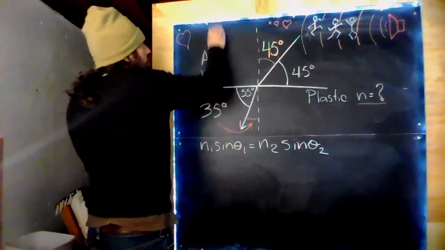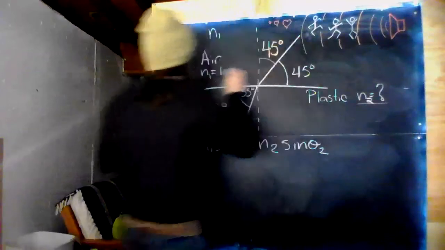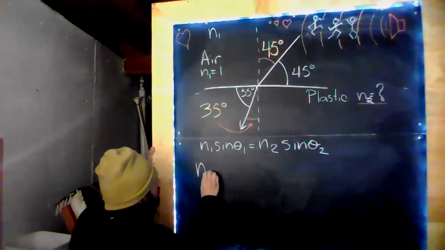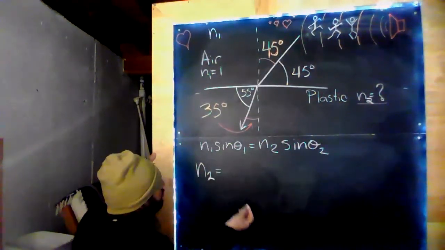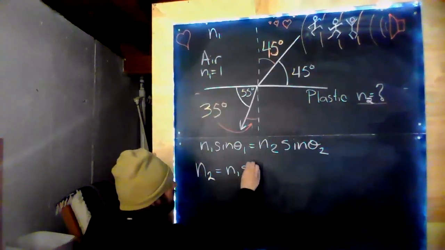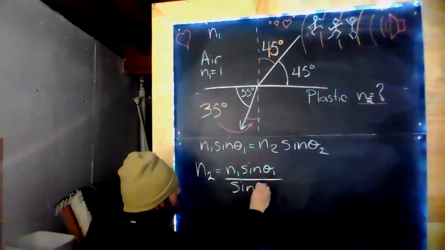We could label this N1, and we could label this N2. So, in that case, we just solve for N2, and we get N2 equals N1 sine theta 1 over sine theta 2.